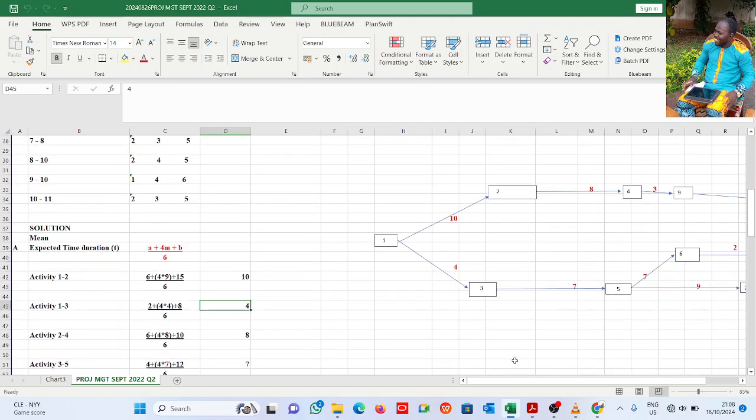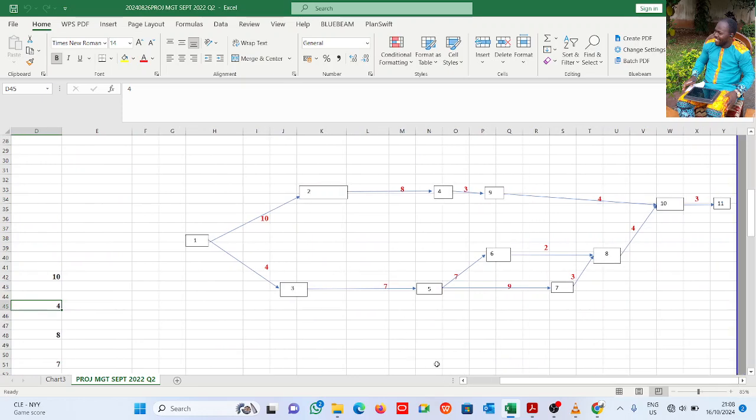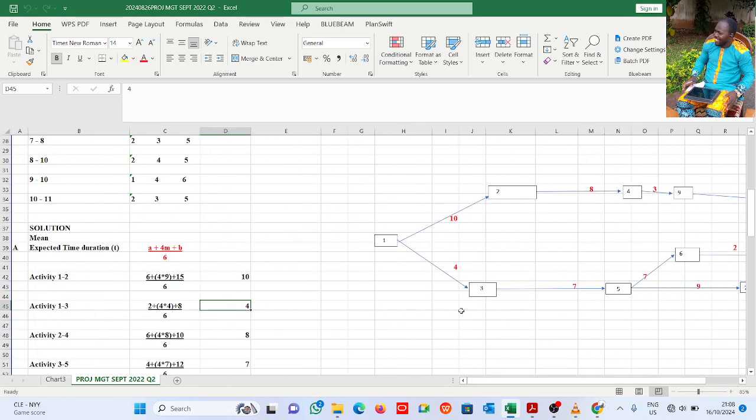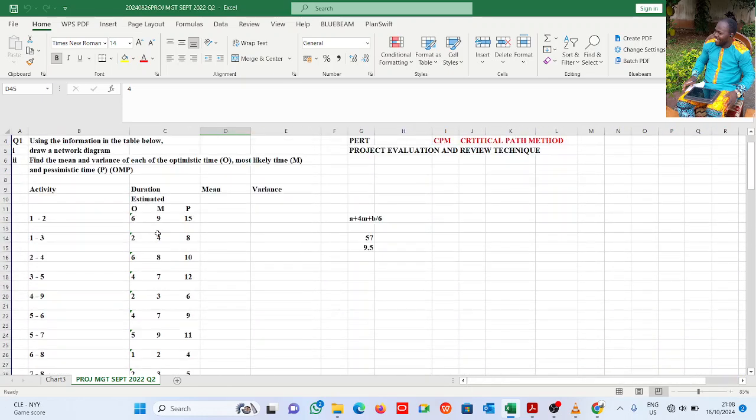So this is the network diagram here. I will explain it in simple and clear terms. Here, activity 1 to 2 means activity 2 is dependent on activity 1, or we must execute activity 1 before activity 2. The same thing here: activity 1 must be executed before 3, that is, 3 is dependent on 1.